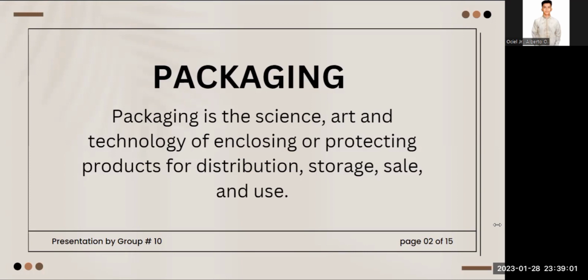So the basic question here is, what are the materials commonly used for packaging? It includes plastic, corrugated cardboard, wood, metal, paper, cloth, cellophane, polythene, and styrofoam.